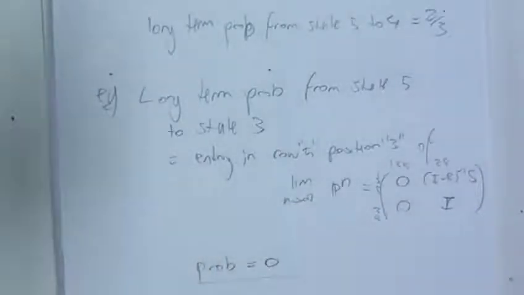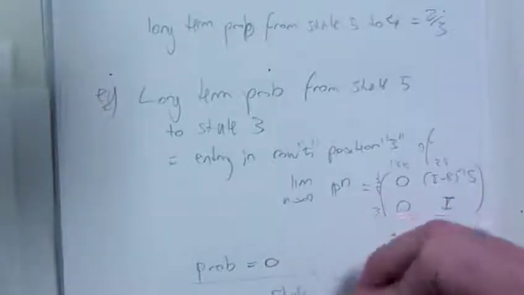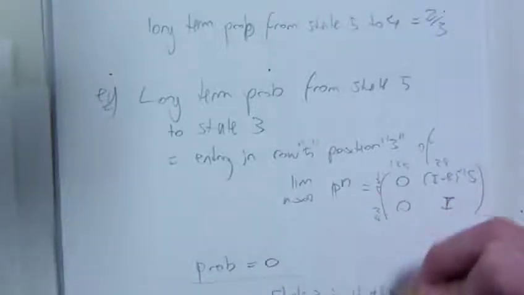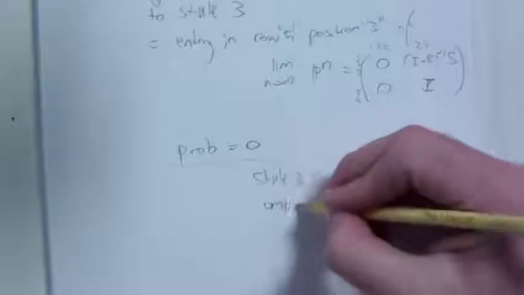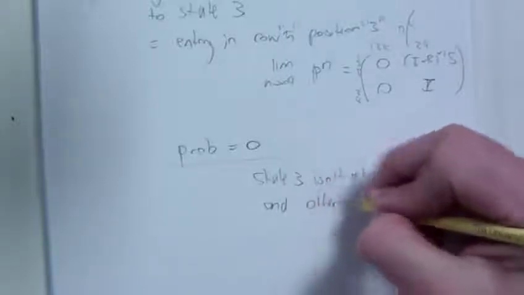But you can tell that even without looking at the matrix, because it's not an absorbing state. So state 3 isn't absorbing. Now that statement of it not being absorbing, so the probability is 0, only counts for matrices that have absorbing states, where one state isn't absorbing and other states are.